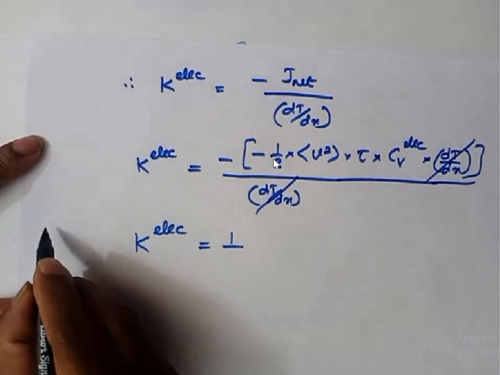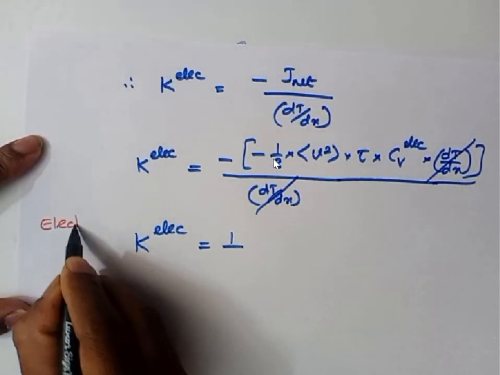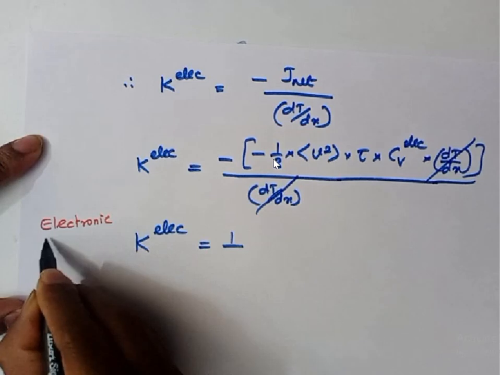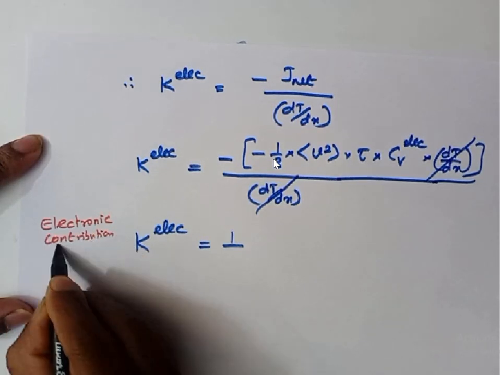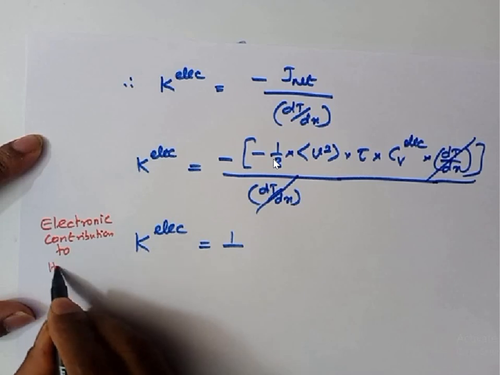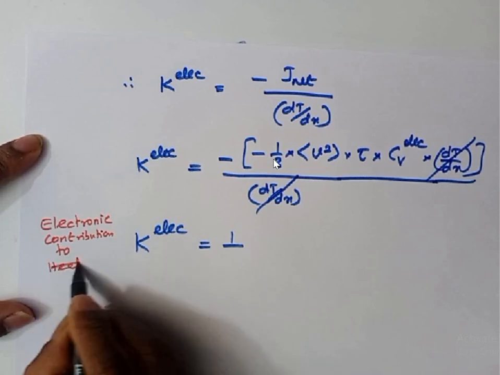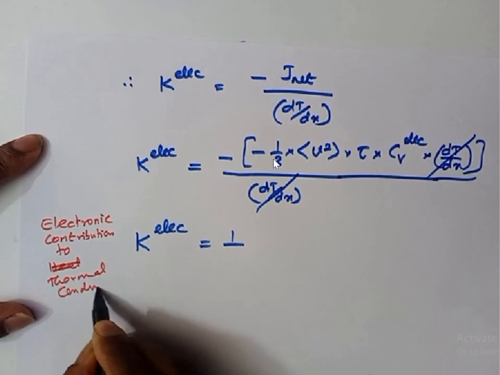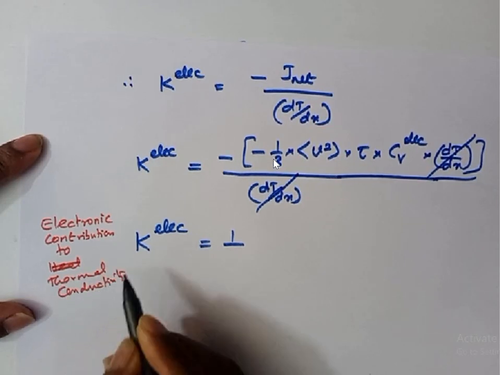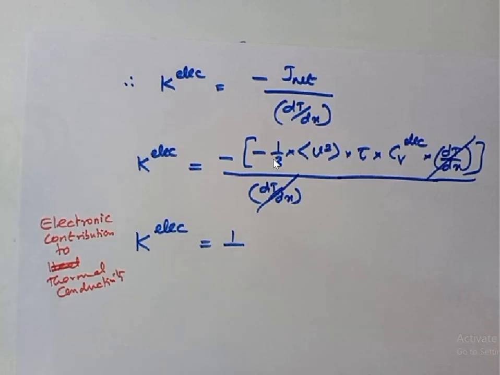What is this? This is nothing but the electronic contribution to thermal conductivity. K represents thermal conductivity. So what is the electronic contribution to thermal conductivity?